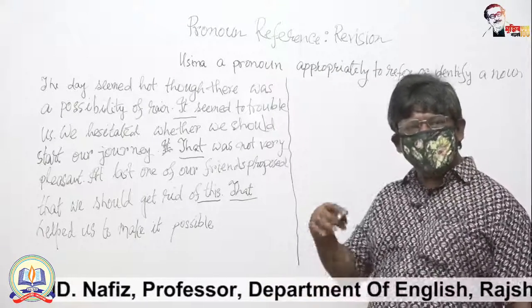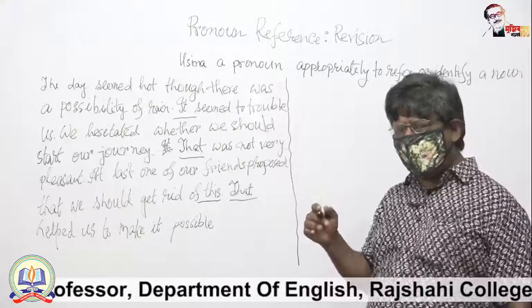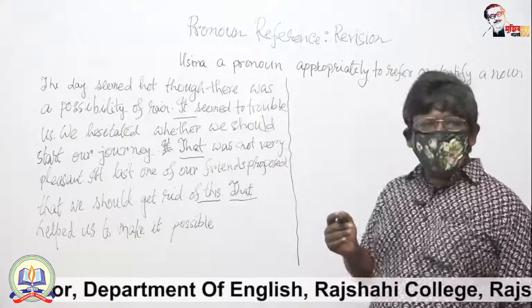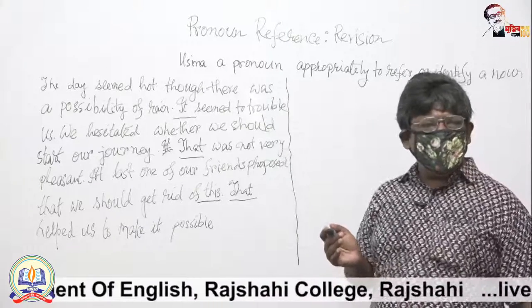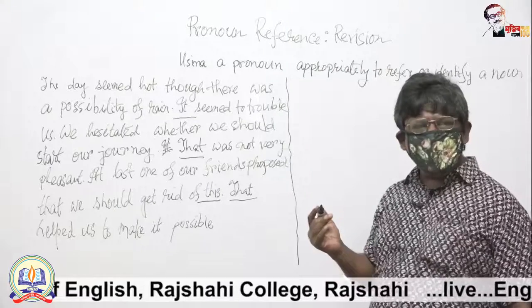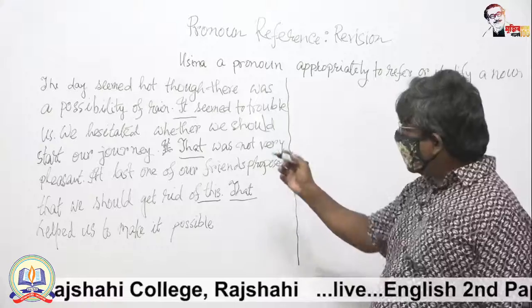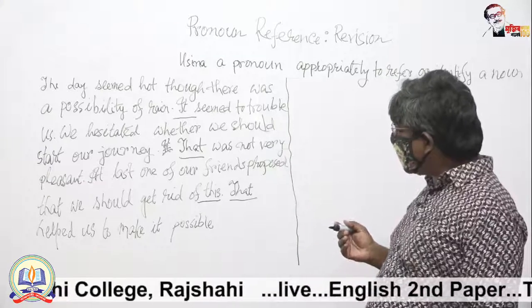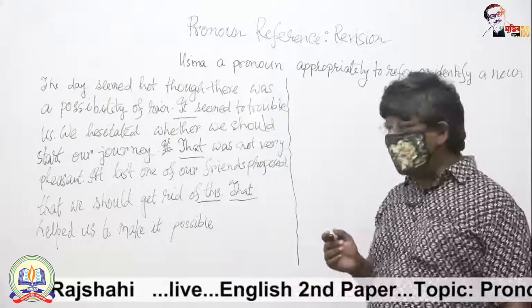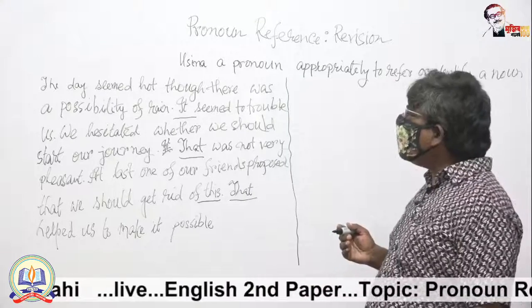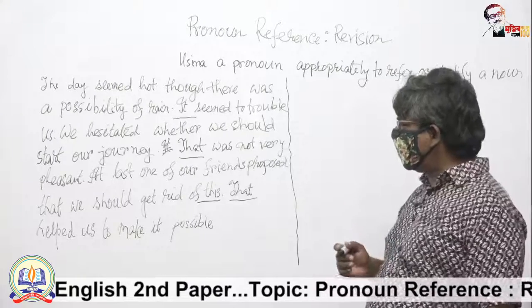I am giving that sort of example afterwards. Here we have a clear complexity identifying the pronouns it, that, or this with a noun used in different places of the passage.